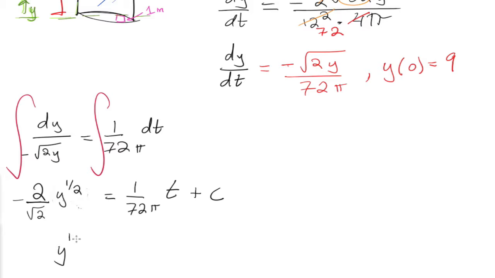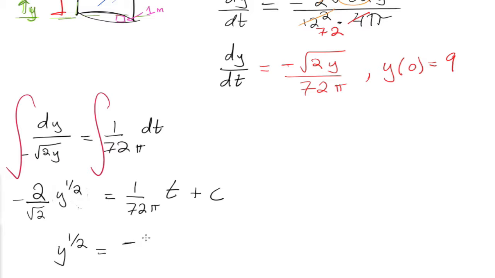And then, on both sides? It doesn't matter because there's a constant on the left side and a constant on the right side, and you just put them together. Okay, now let's solve for y. So what is it equal to? We move the root 2 and the 2 over.